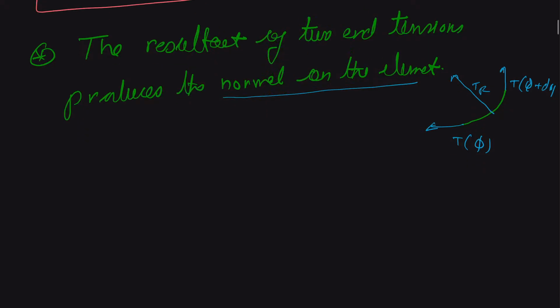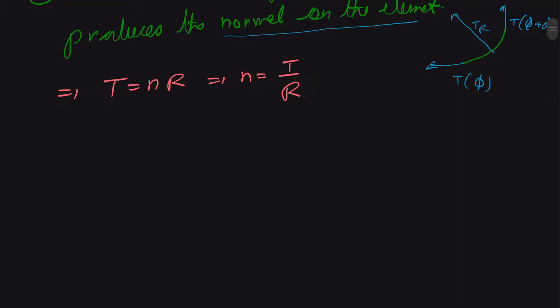Therefore we can write that tension T will be equal to N times R, or from here we can say N is equal to T upon R. Furthermore, in terms of the normal on the element, that element is N d of phi, which is nothing but d of s, and it will be equal to T times d of phi.